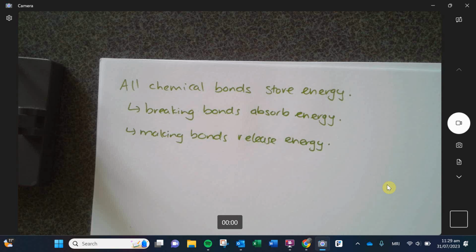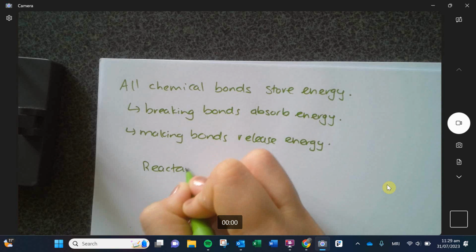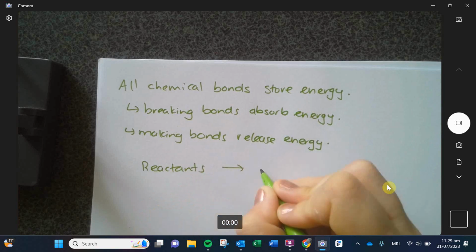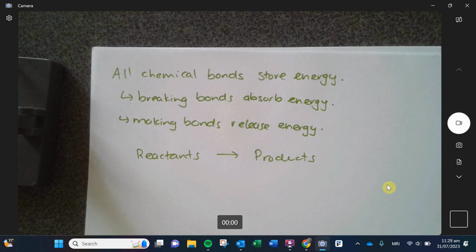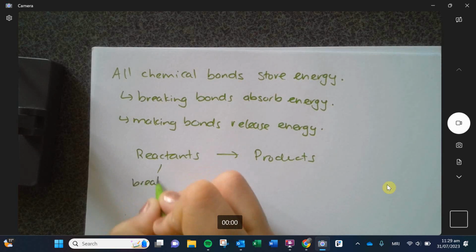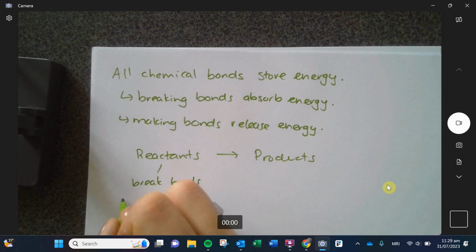Now, what we can do is compare and contrast the energy that's required to break all the bonds versus the energy that is released when new bonds are made. So when I think about a typical chemical reaction, I have my reactants, and then I have my products. In order to go from reactants to products, I need to break the bonds, which we know needs energy.